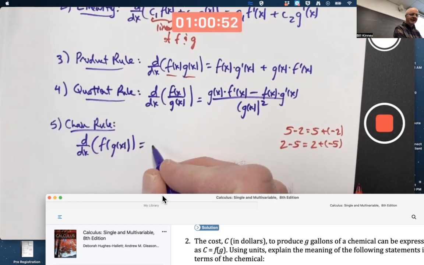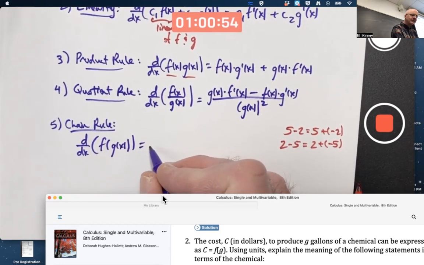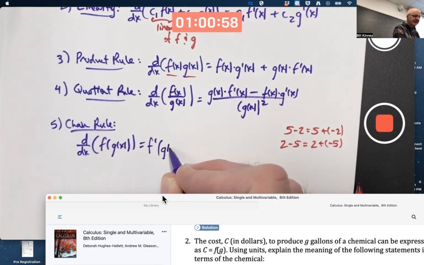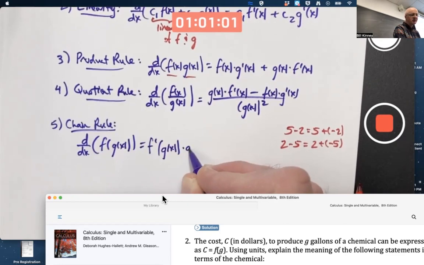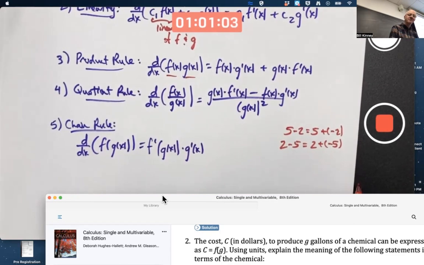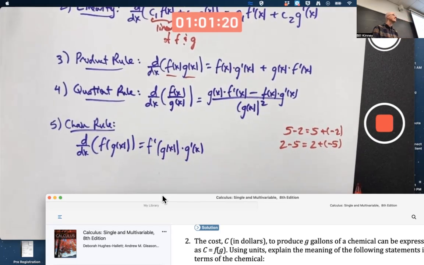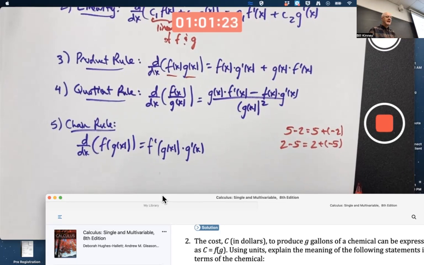The chain rule says, and I always think this in my mind, take the derivative of the outside function, f prime, plug in the inside function, then multiply times the derivative of the inside function. Common mistakes are to think the answer is f prime of g prime. No. Another common mistake is to think it's f prime of x times g prime of x. No. It's f prime of g of x times g prime of x.